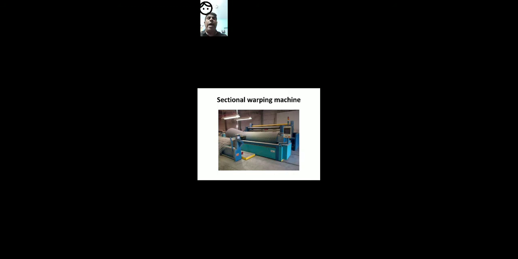So this is the actual picture of the sectional warping machine. This is the schematic diagram of the sectional warping machine, and you have seen the actual picture of the warping machine.